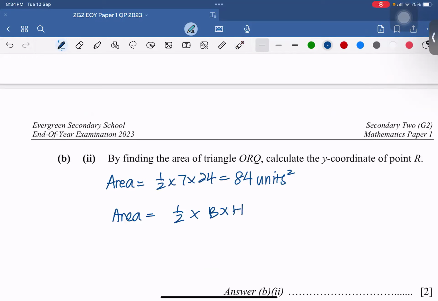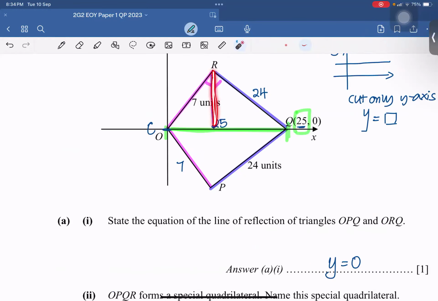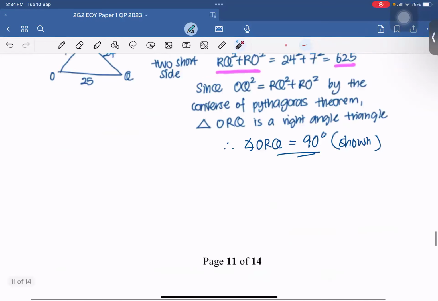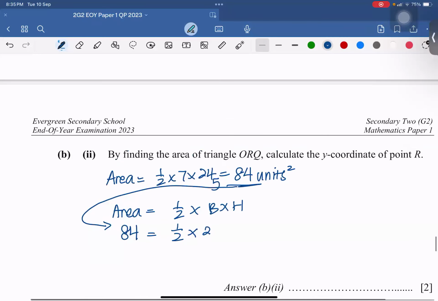But the area is now the number 84. Half and what? The base is now the number 25, because this is going to be the height, right? And I need to find the height.